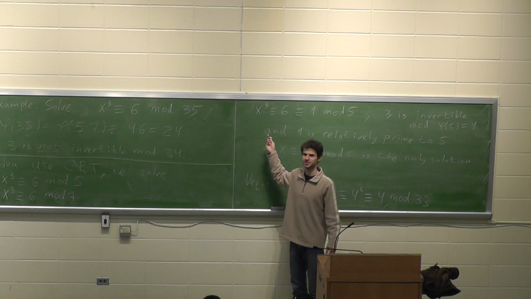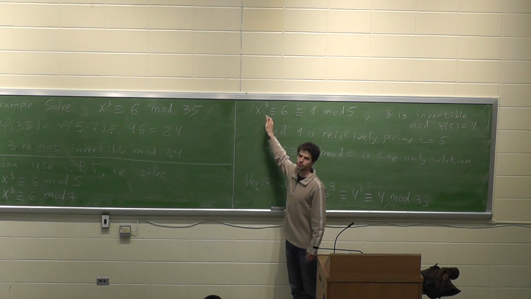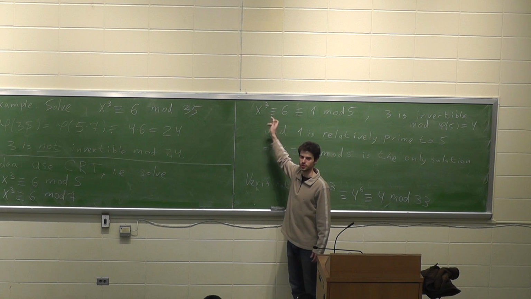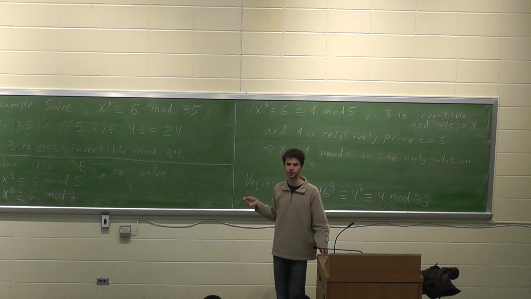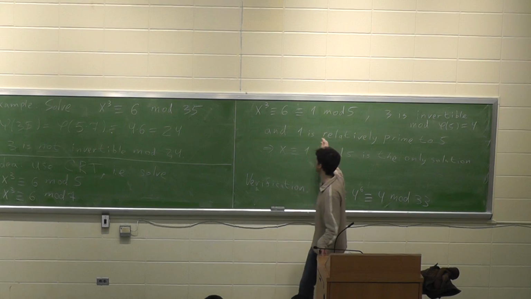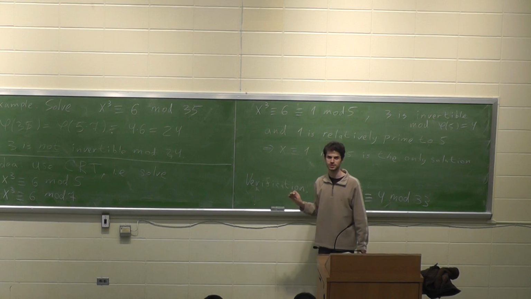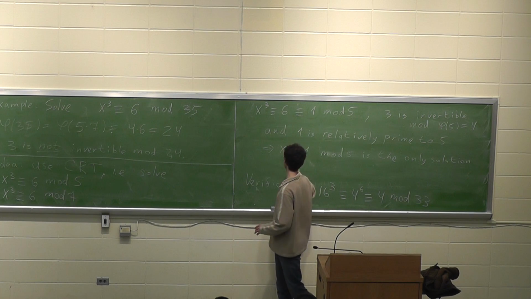Alternatively, you could just compute: 0 cubed is 0, 1 cubed is 1, 2 cubed is 3, 4 cubed is -1 cubed, so it's -1. So only one works. Either way, you get only one solution.